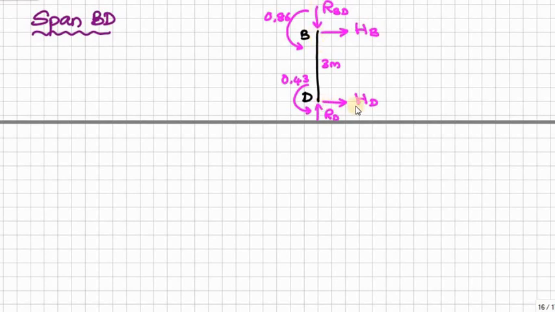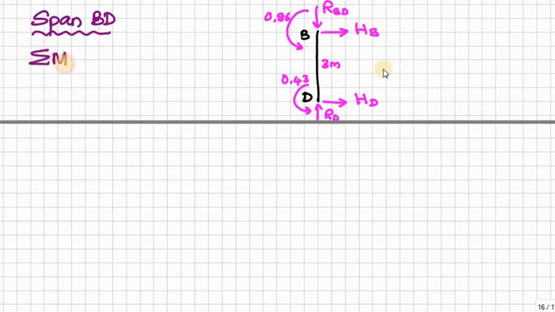And we assume the direction of the horizontal force at D, here positive sense, here also HB. We don't know the values, therefore initially assume this direction.